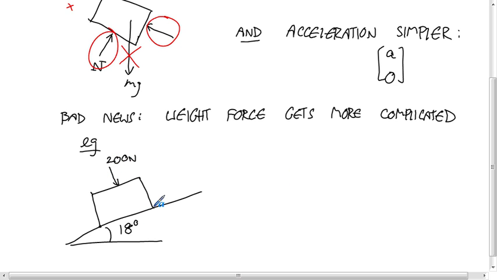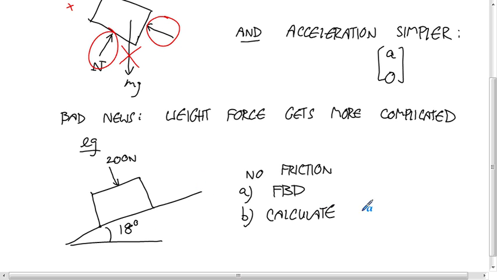And imagine there's no friction. First, draw the free body diagram of the block. And second, calculate the weight force vector. Maybe I'll do the first one and then you guys can do one after that.